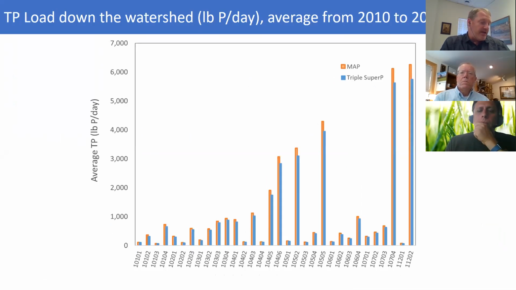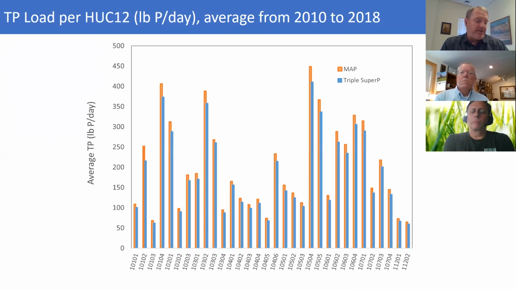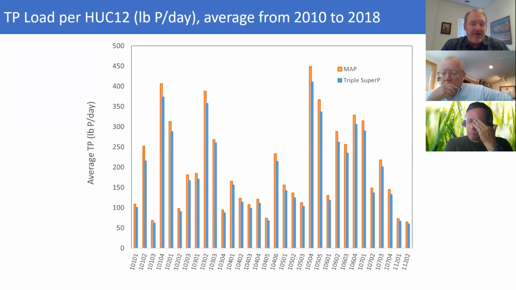It looks like we would have a project that we would be doing at some scale in the watershed to potentially bring some triple superphosphate into the watershed for application purposes. I'll talk about that a little bit later in the call as we give some updates on other project activities.